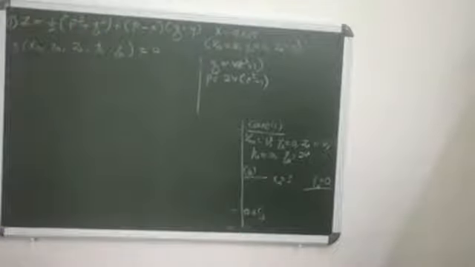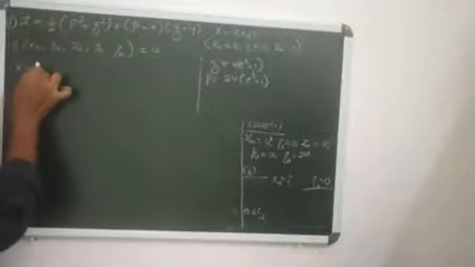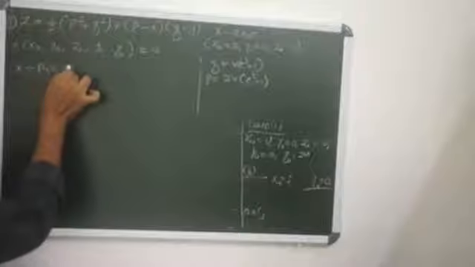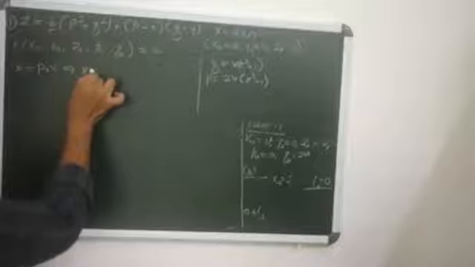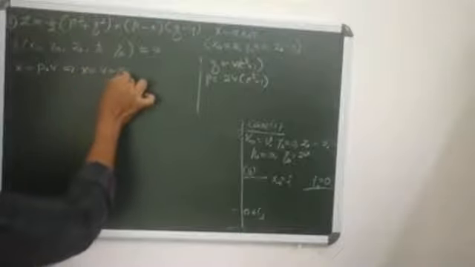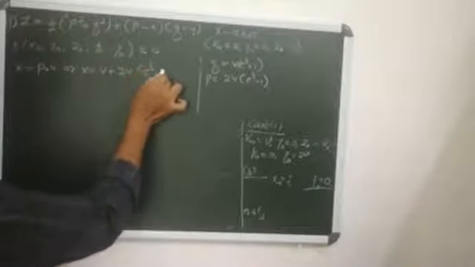What is x by y? Here we have what is x? X equals p plus v, that means x equals v plus p. What is p? 2v into e power t minus 1.